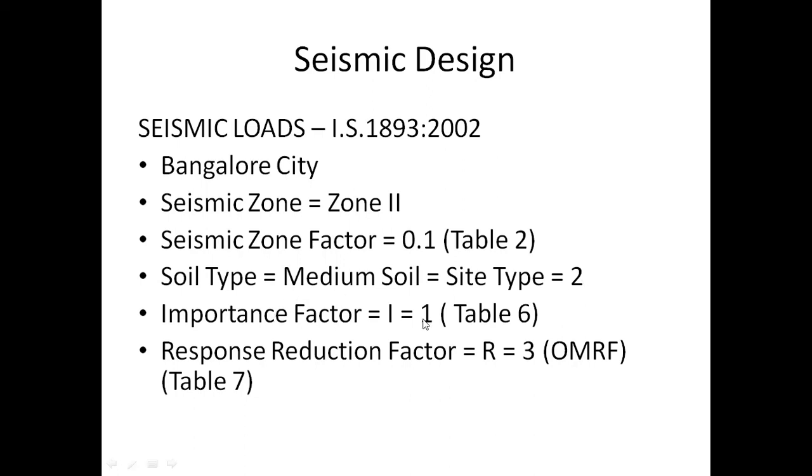The importance factor I equals 1 from table number 6, and the response reduction factor R equals 3 for OMRF, that is ordinary moment resisting frames, from table number 7. These values will be used later while performing the analysis.